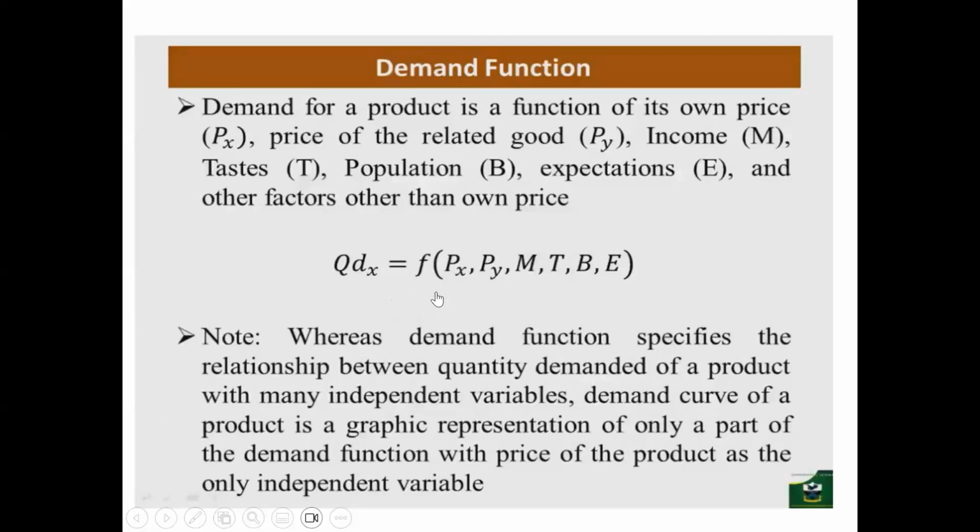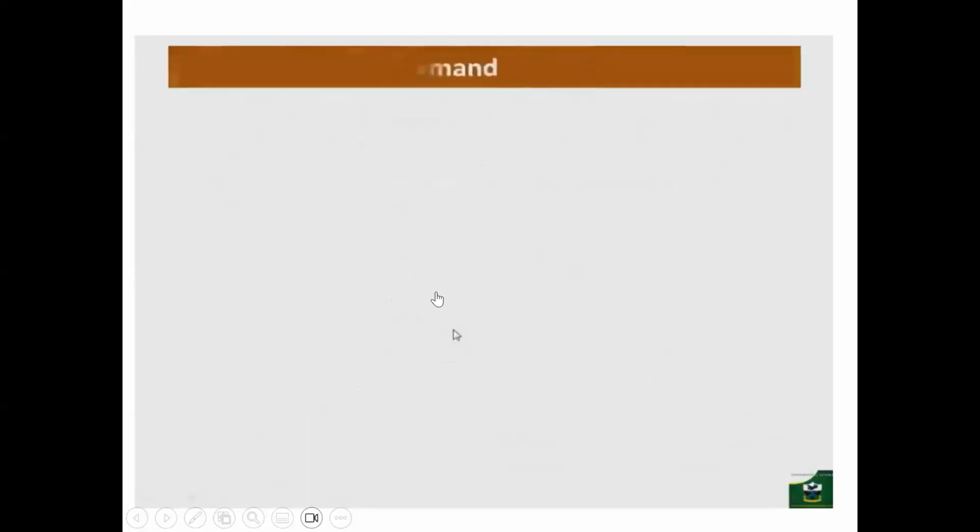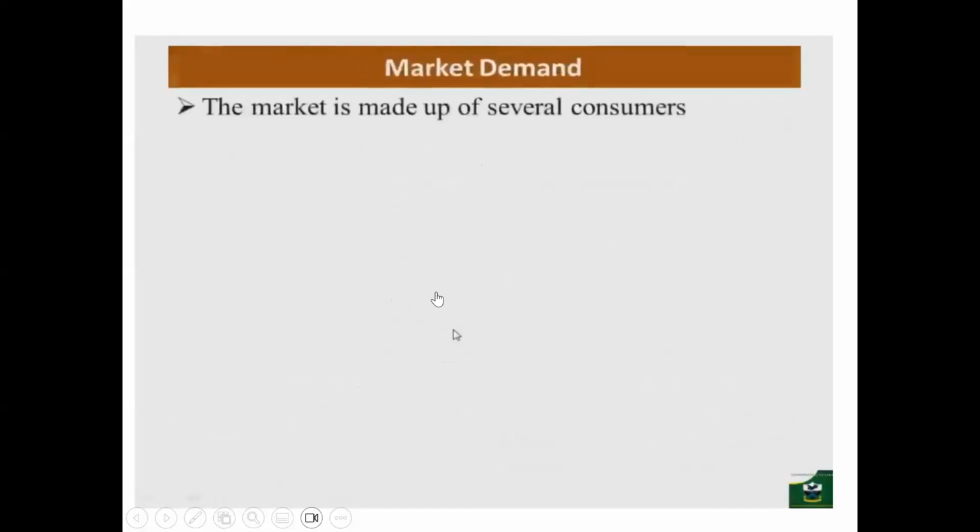Okay, so let's now look at the market demand. The market is made up of several consumers, and these consumers have different preferences, different income levels, different tastes, and so on.